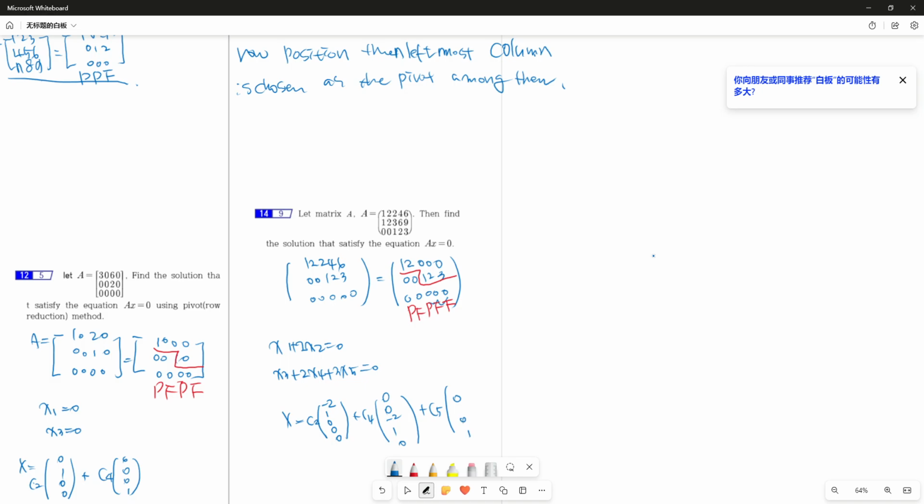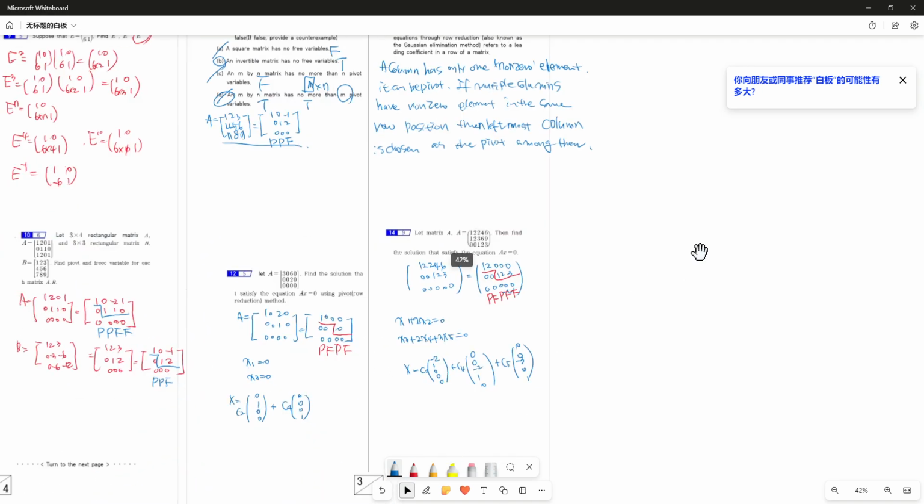And my last, c5 times 0, 0, 1, and here also 0, and it is negative 3.